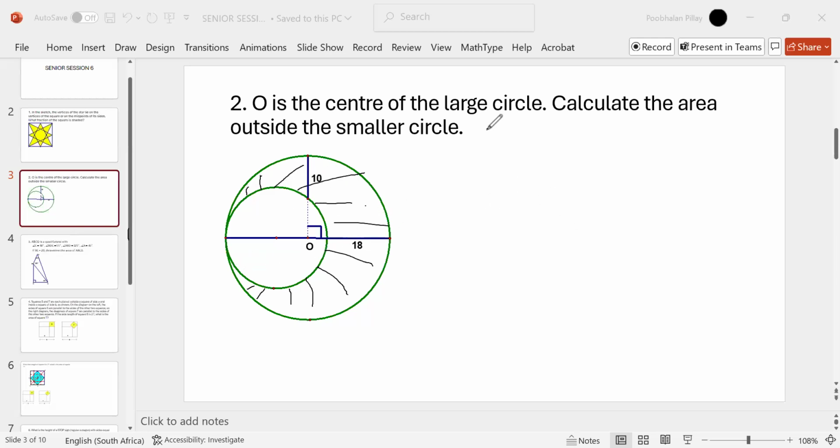So the required area is equal to the area of the large, I'll put L, minus the area of the small. The area of the large is pi r squared. Both are circles.